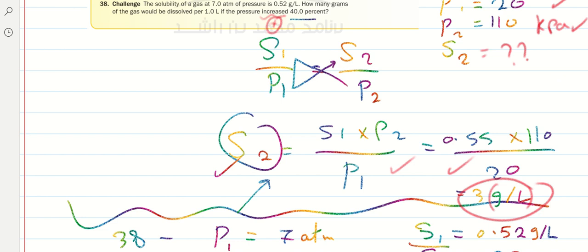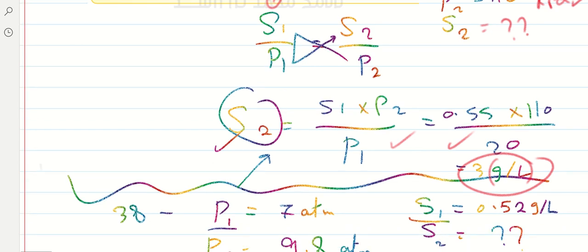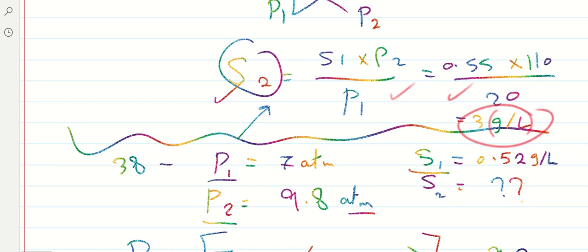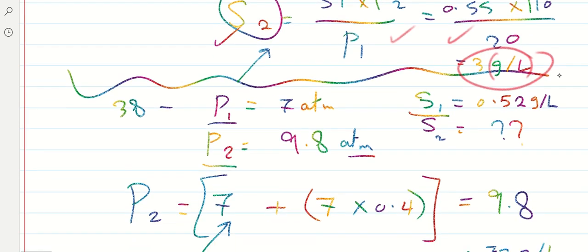Plus what? The initial pressure, which is 7, plus 40%, which is 7 multiplied by 0.4. Why? Because this 40% I am going to change to a decimal. It means 40 divided by 100, which is 0.4.